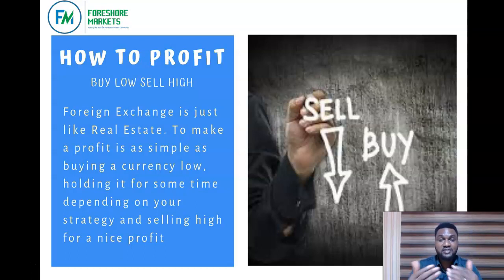In a rising market, making money in the Forex market is likened to, for example, real estate. Just like real estate, to make a profit is as simple as buying either a land or a property that has been developed, and then holding it for a period of time.